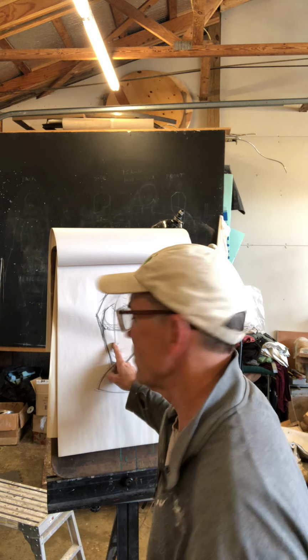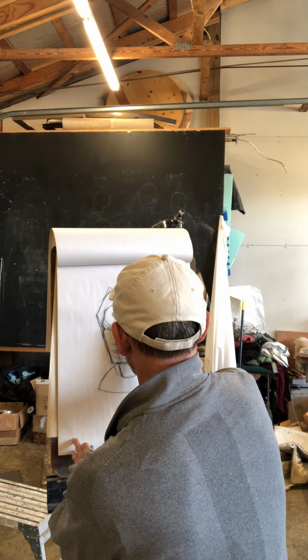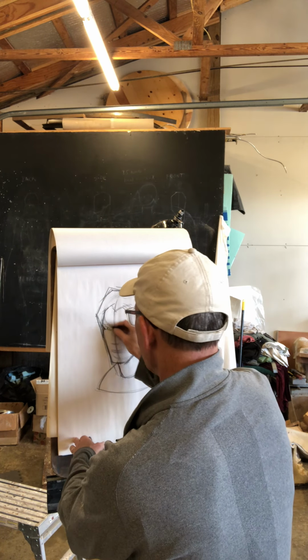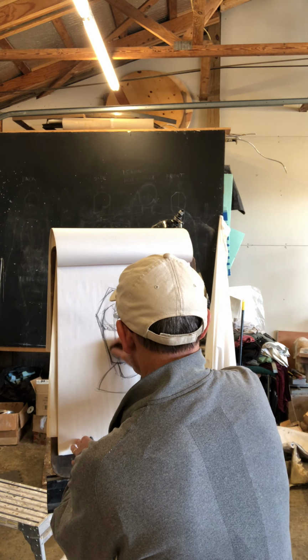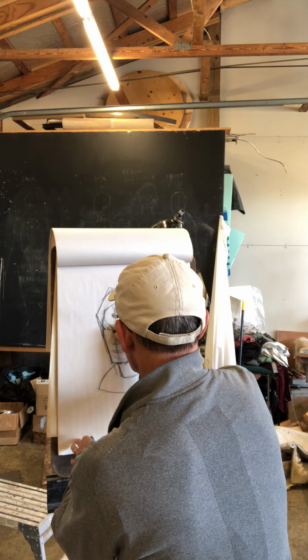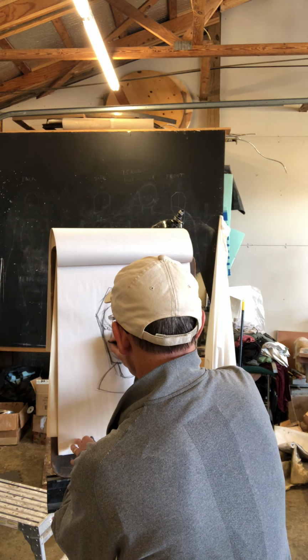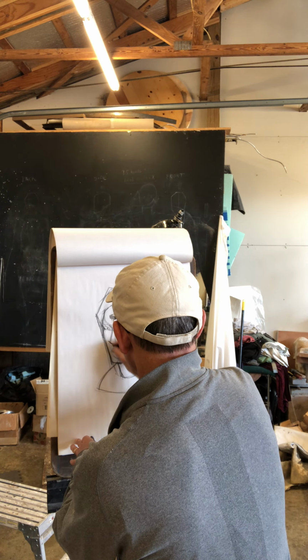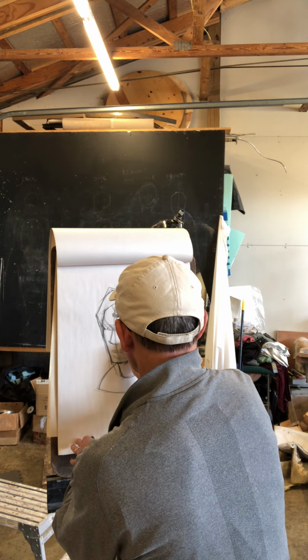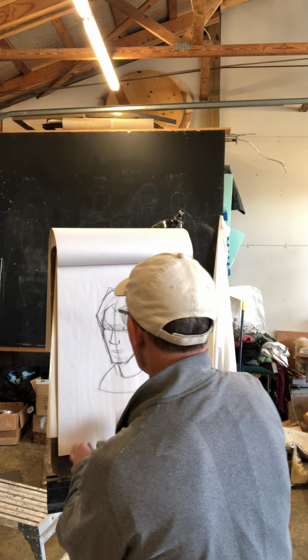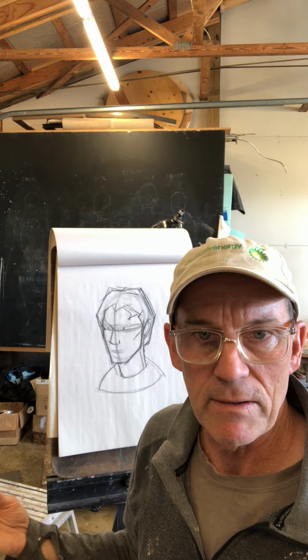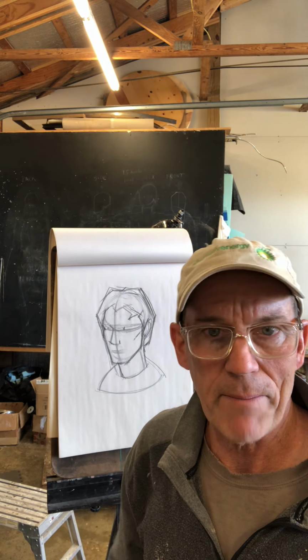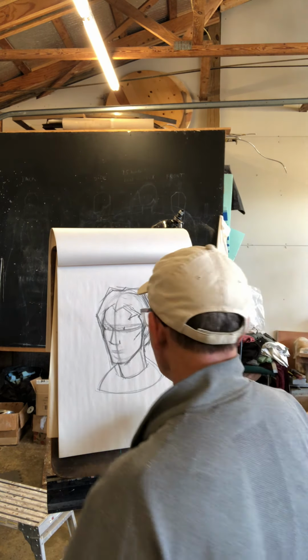So say with the nose, I might look at the nose and see that, okay, I'm going to start at the top, show where the top of it is. It breaks in from the orbit, and then this side comes down this way, and then I break in towards the nostril. And then I might just find the limit of the nostril on this side, and just leave it there for the moment, not wrap a line all the way around it.